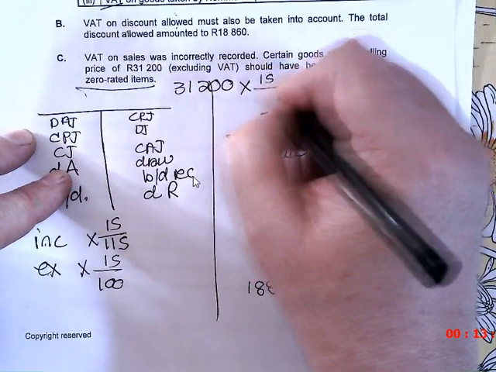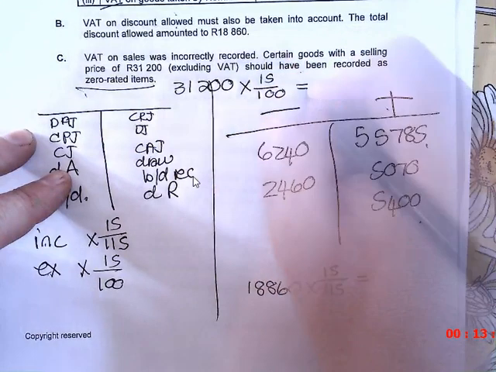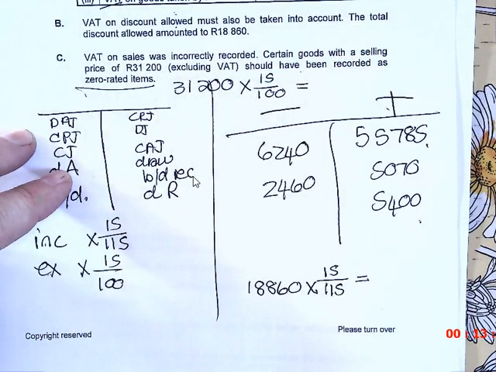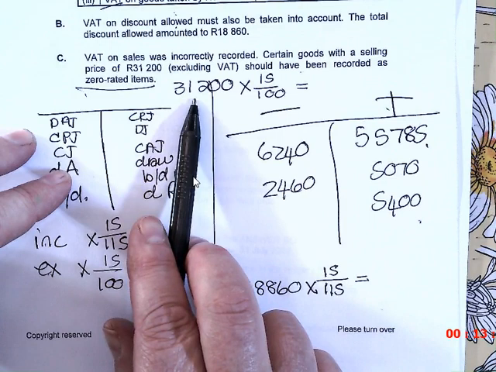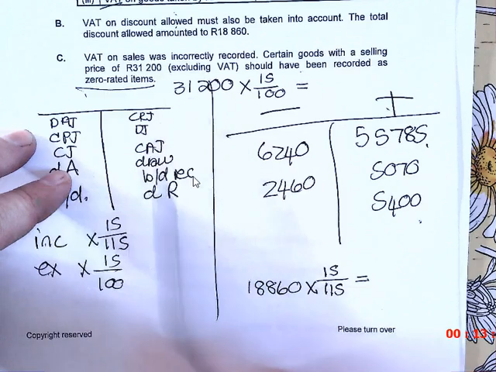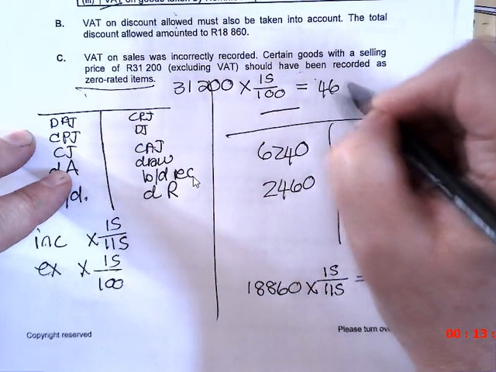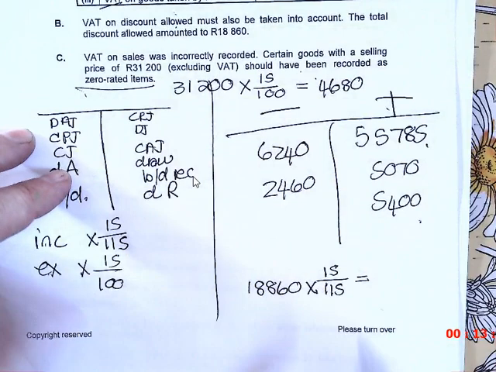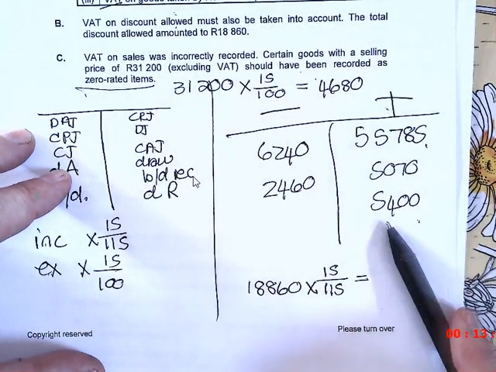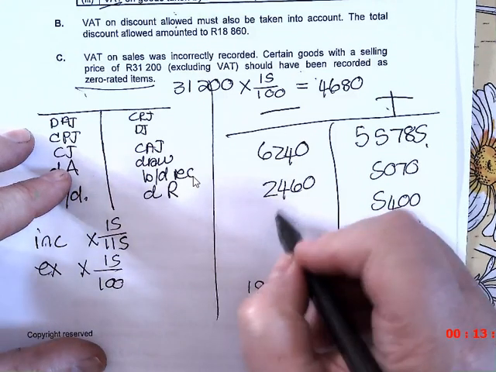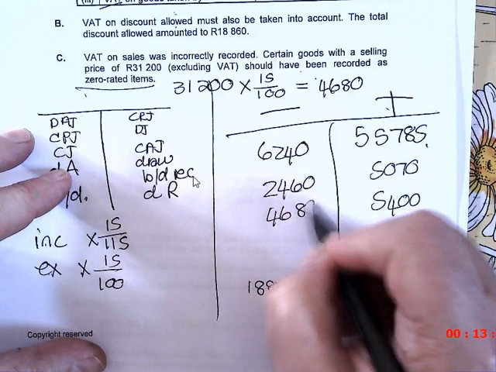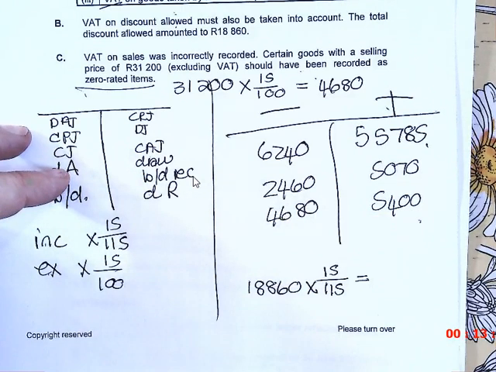So let's go calculate that VAT, and it gives me 4680. Now I'm asking you, that 4680 is overstated. Remember, sales is credit. I was not supposed to show 4680, so I'm going to make it less. So 4680 goes debit.